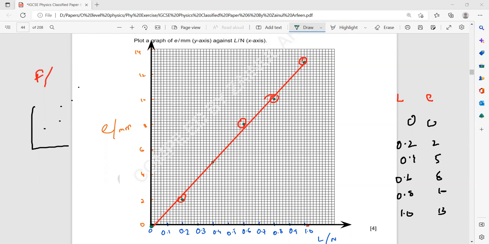Theoretically, for force and extension, the points should lie on the line, but practically, because there are errors involved, the points won't be in a straight line. There might be a slight scatter. So what you have to do is draw a line of best fit. Is it clear, this part?